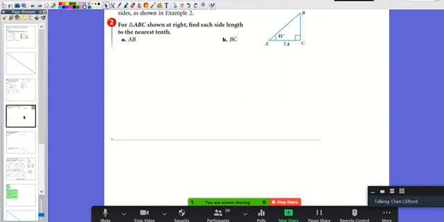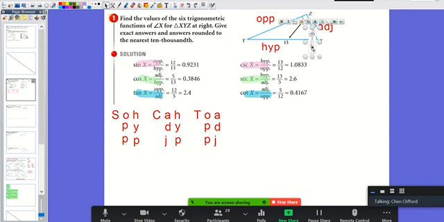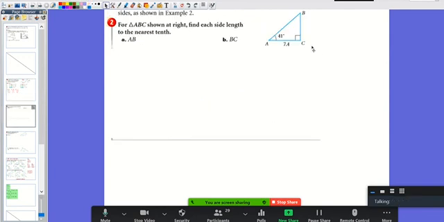Now let's apply this. Let's say we have the stick figure at 41 degrees. AB is going to be right here. Let's start with that. So let's say we're trying to find AB.